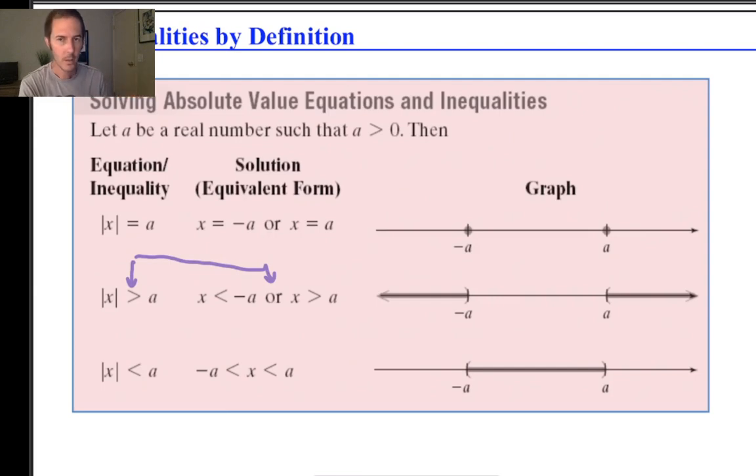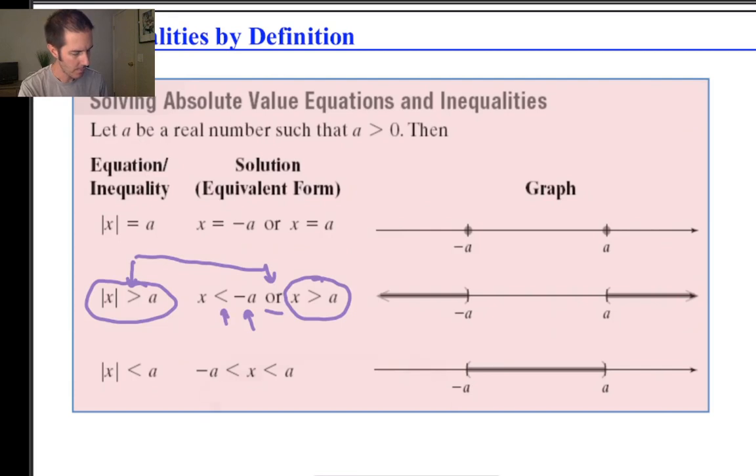And the first inequality that you write, the way I do it, is I write it so that it looks exactly like the original statement, except it doesn't have any absolute value bars. And then I write the word or, and then I'll write a second inequality where the number gets negated, the inequality sign gets flipped.